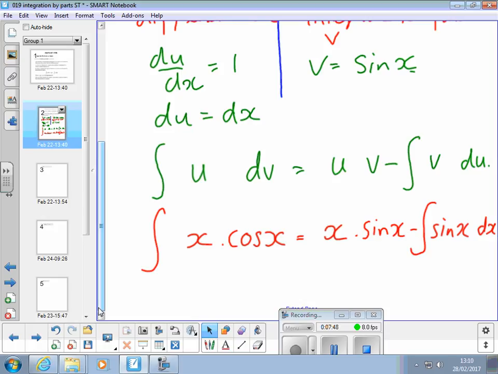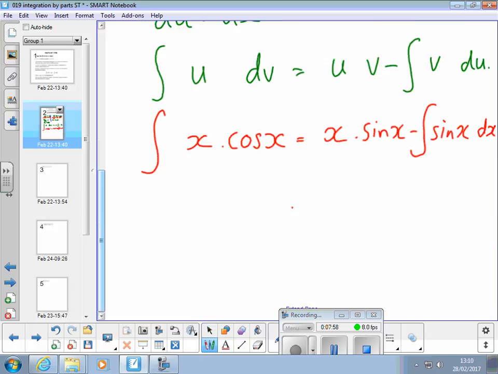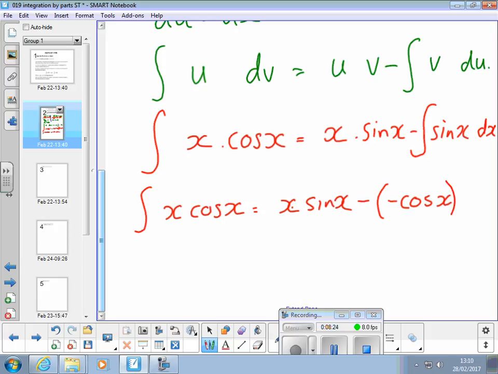And now we know the integral of sin x dx, so we can integrate it as a function, and then put the plus constant.